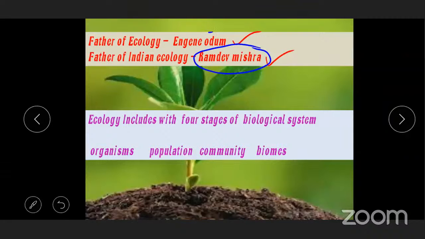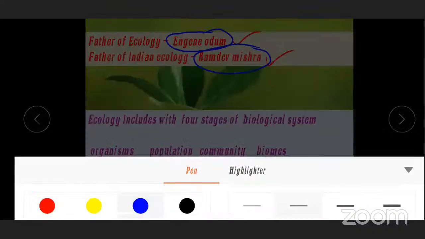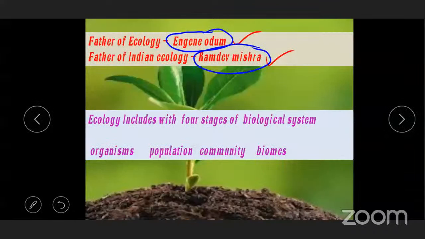Father of world ecology, modern ecology, was E.P. Odum. Okay. And each ecosystem has 4 stages. Each ecology includes 4 stages of biological systems.